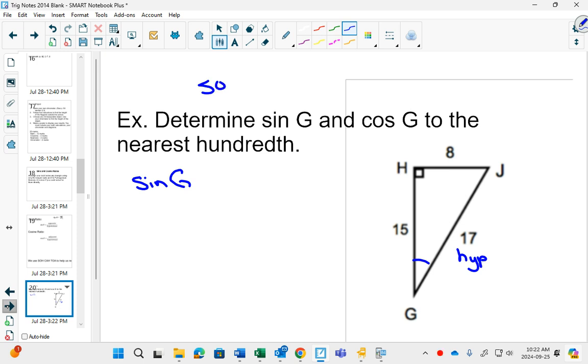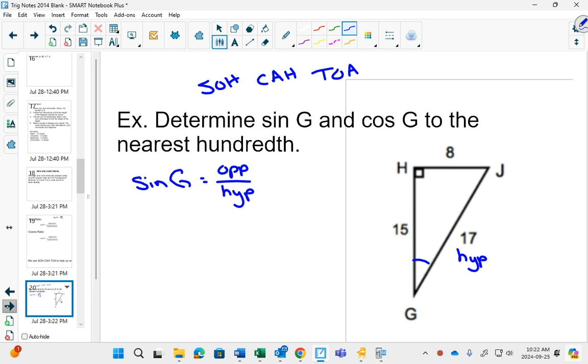probably what's going to happen a lot of times on quizzes at the beginning is you might write SOHCAHTOA across the top. Then you'd be like, okay, if I want to write the sine ratio, it should be the opposite over the hypotenuse.